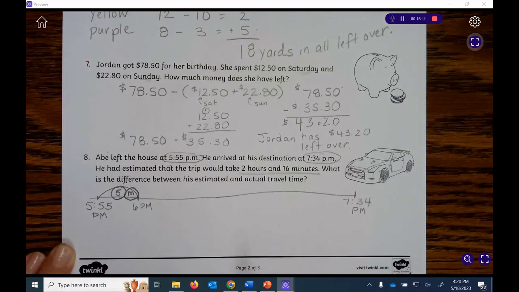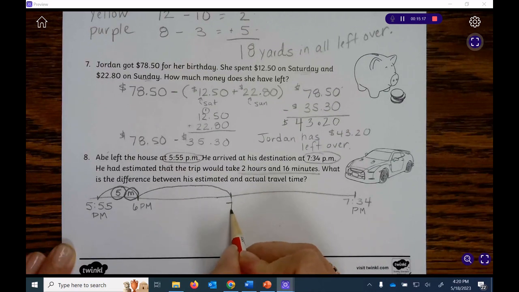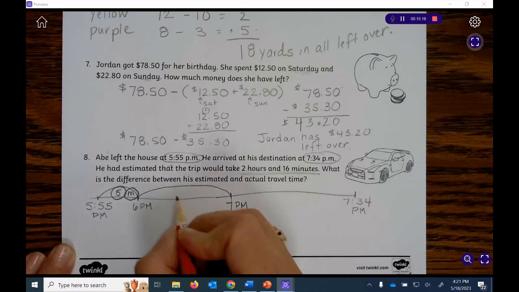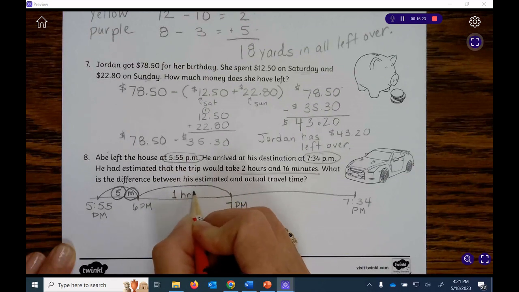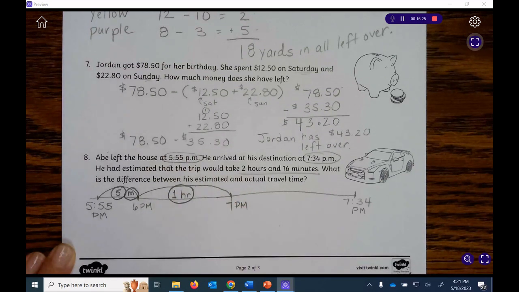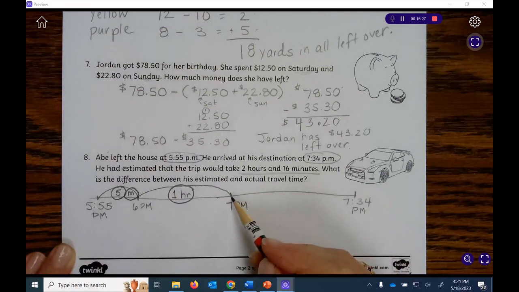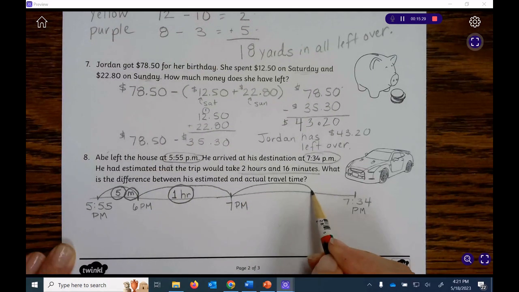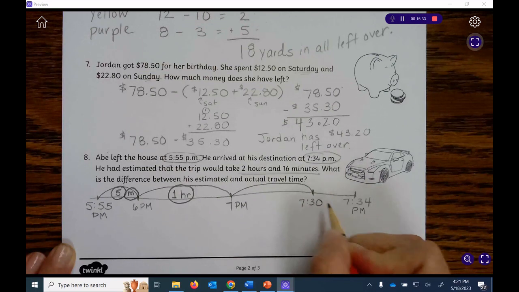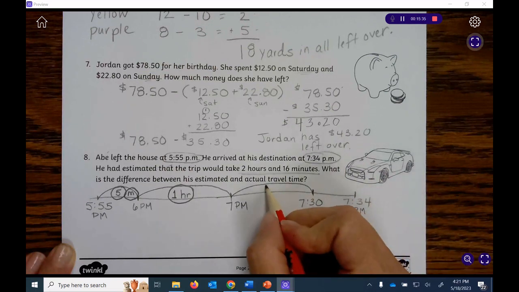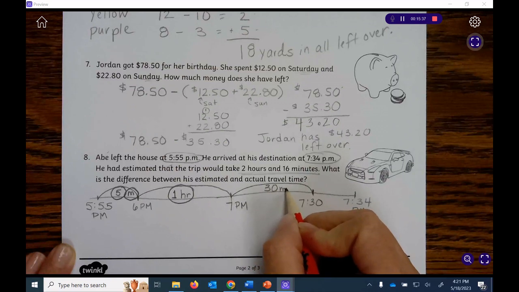All right, then I'm going to jump from 6 p.m. to 7 p.m., and that's going to be 1 hour. Then I'm going to jump from 7 p.m. to 7:30, and that's going to be 30 minutes.